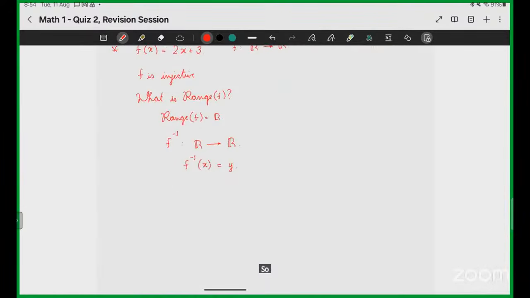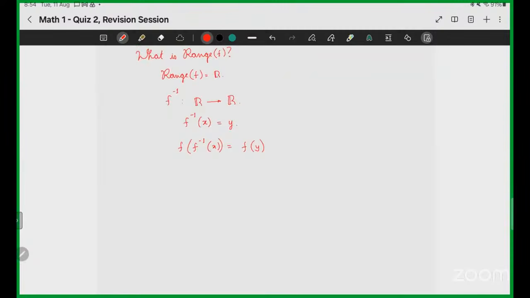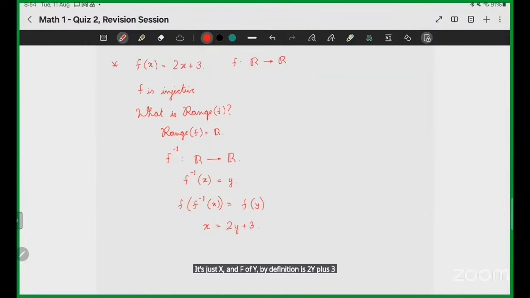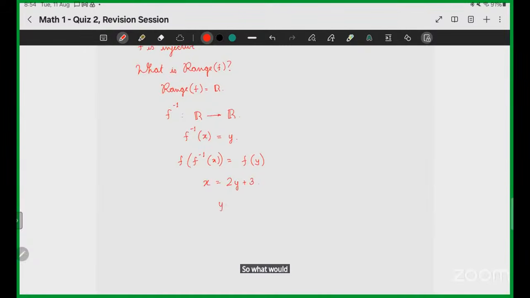So what do we do over here? We can apply f on both sides. I get f of f inverse of x is f of y. But what is f of f inverse of x? It's just x. And f of y by definition is 2y plus 3. So what would y be? If I rearrange, I'll get (x minus 3) divided by 2.